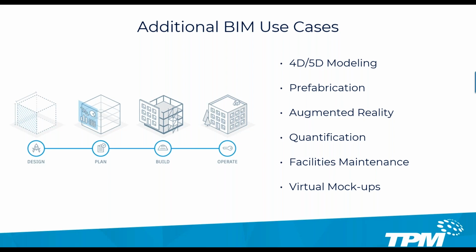And as mentioned, the facilities maintenance model, when you begin with the end in mind, is really where a lot of the value lies in this whole process. That building is going to be used and maintained for 50 years. So there's a lot of yearly time savings and a lot of yearly value that can be produced from a facilities maintenance model. This can be from ticketing systems to attaching O&M type information to model elements.